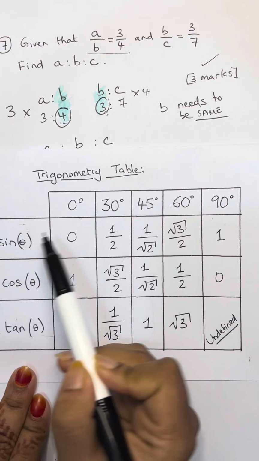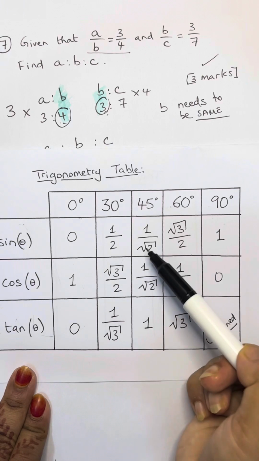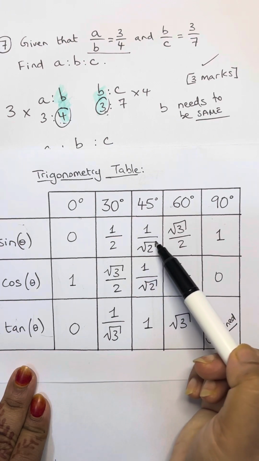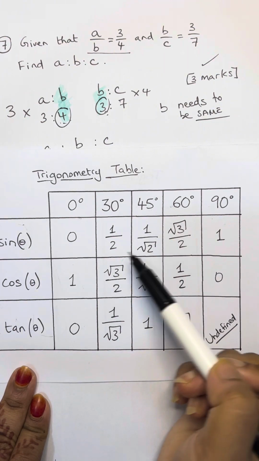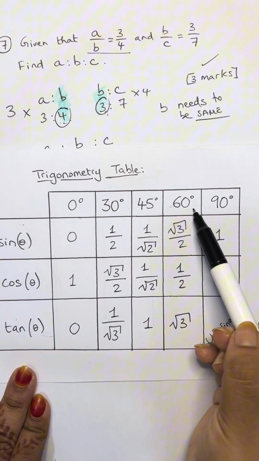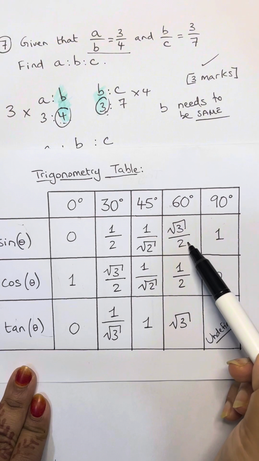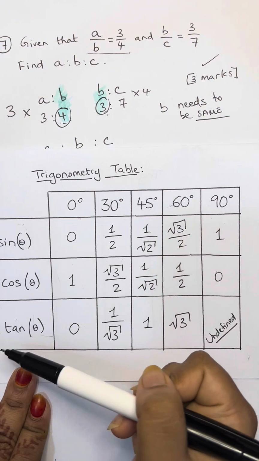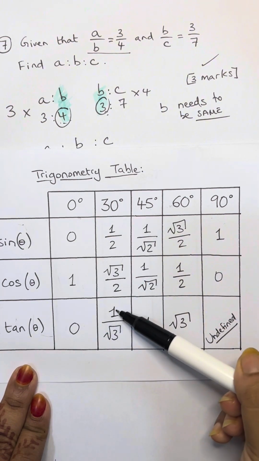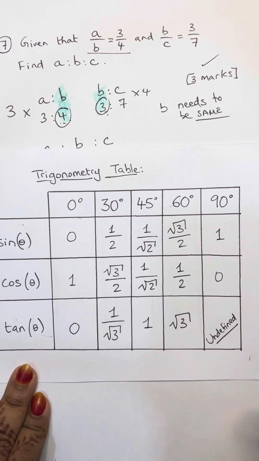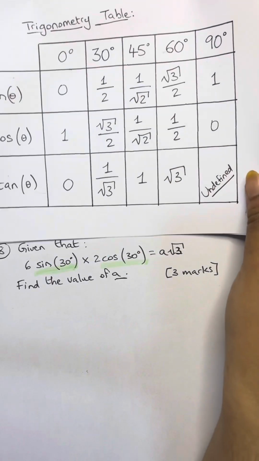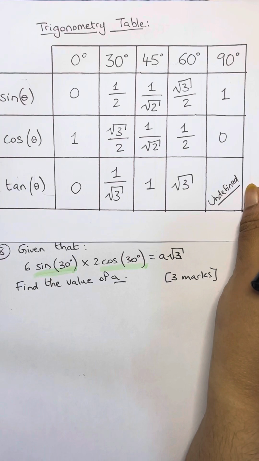For example, sine of 45 is exactly 1 over square root of 2. Sine of 60 is square root of 3 over 2 exactly. Tan of 30 is exactly 1 over square root of 3.